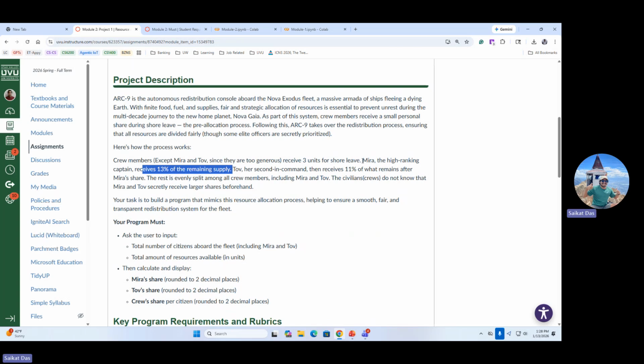Now step 3. So Toph will get 11% of the remaining part, right? So 823.02 multiply 0.11. What's the number again?